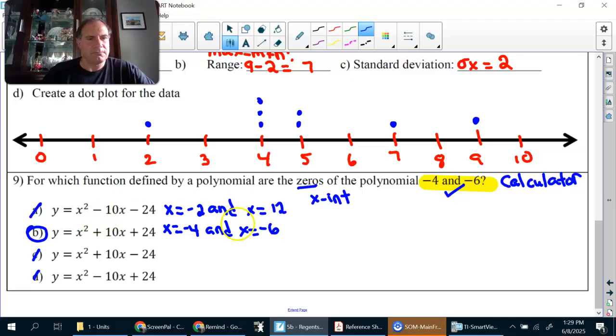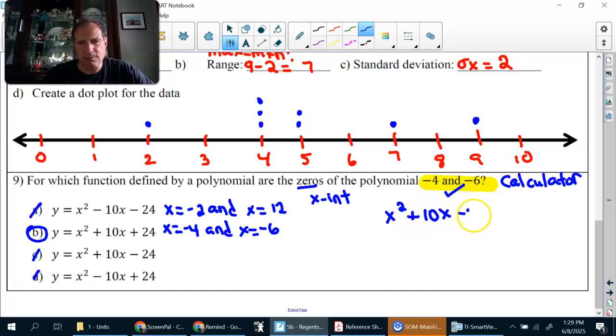You don't have to really even worry about it, but you could do it by hand as well, because remember, every trinomial factors into two binomials. So if you're going to do it by hand, let's just say x squared plus 10x minus 24. You're going to look for two numbers that multiply to 24 and that add to 10.